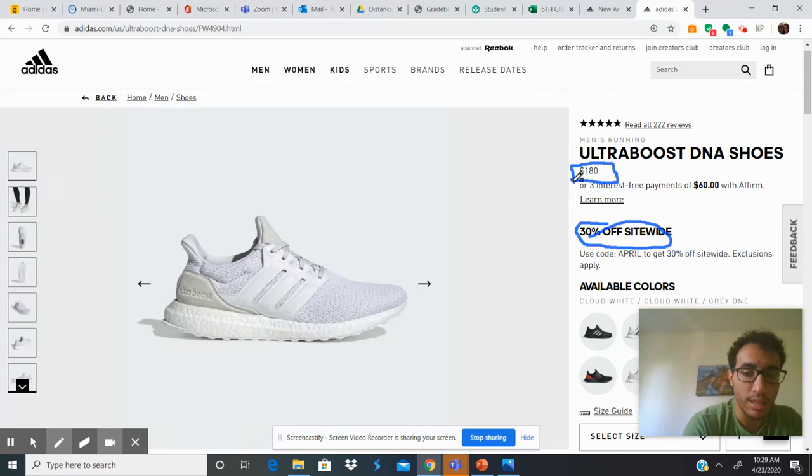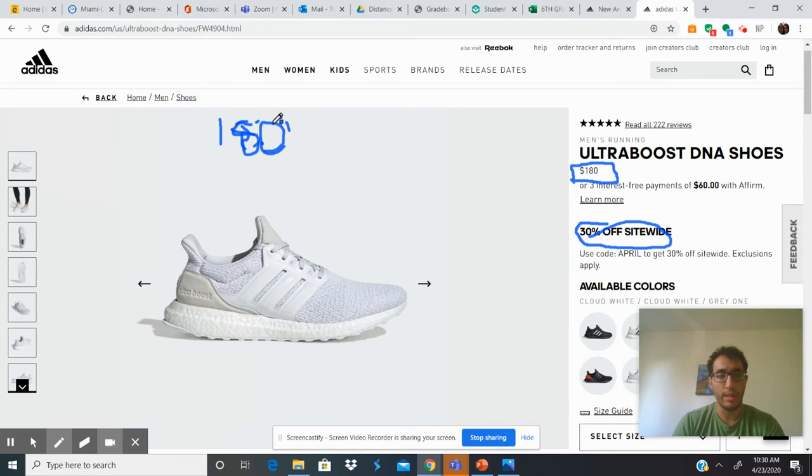So look at this. I'm going to do 180. Oh, that's not coming out nice. I'm going to have to draw with this. 180 times my percent. Okay?